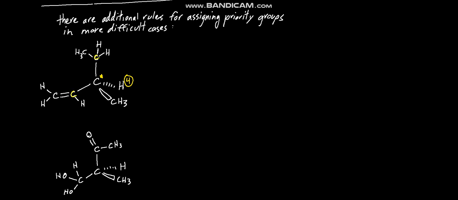Carbon, carbon, carbon. That's a three-way tie. So what do you have to do? You have to go outward, never backward, out to the next 3 atoms attached. So attached to this carbon is a hydrogen, hydrogen, and another carbon. And we stop there, we don't keep going out.